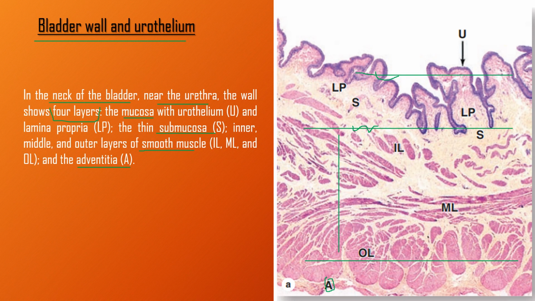Then we see some points regarding each layer. The mucosa has the urothelium, as you can see here, and the lamina propria layer.